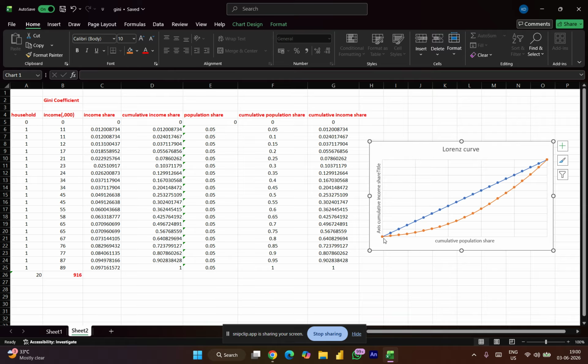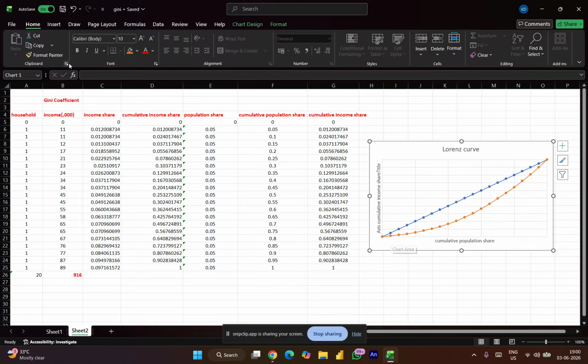Look, we have to take the product of length into breadth, that is, height into base.